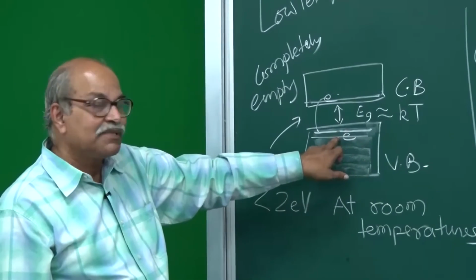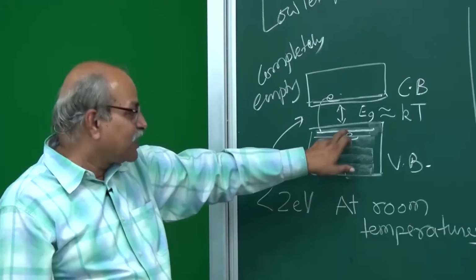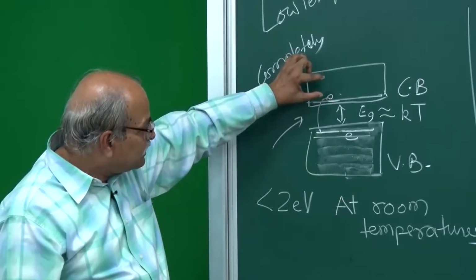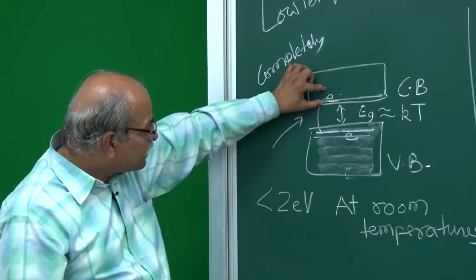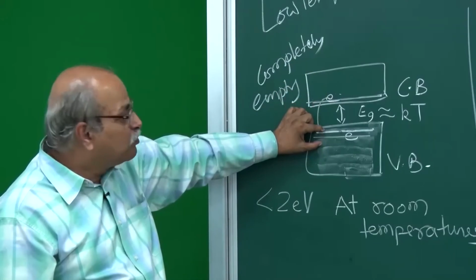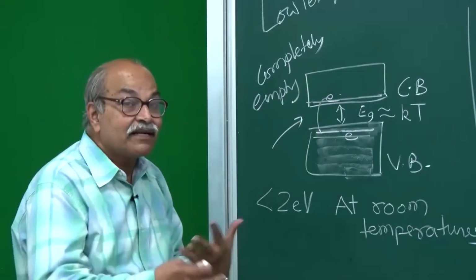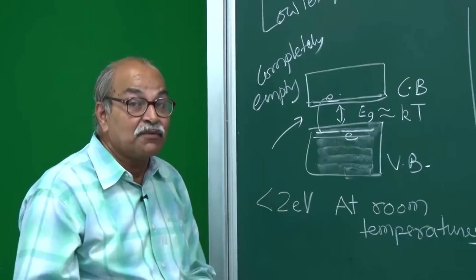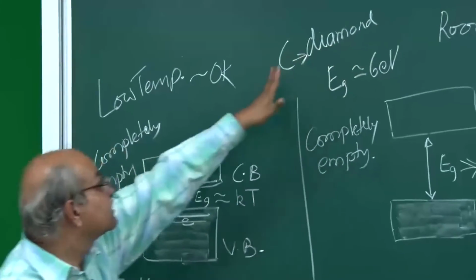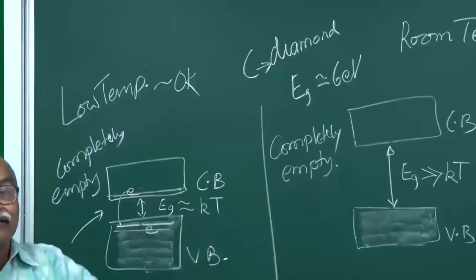Of course, this will become empty, but some kind of electron movement is possible. So because of these electrons in the conduction band and because of these empty states in the valence band, both ways some electric conduction is possible if you apply this electric field, if you connect that system to a battery.